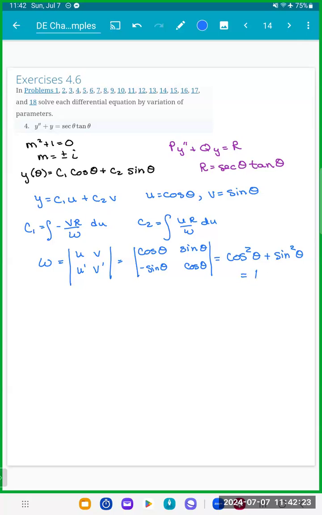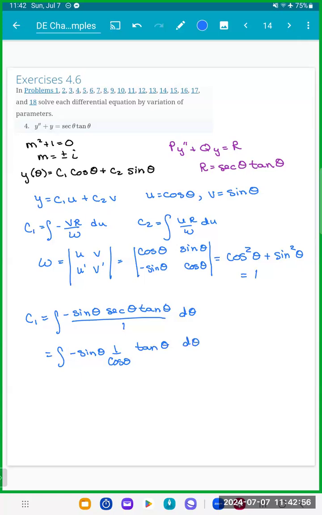Okay, we need to solve for our C1. We do the integral of negative sine theta secant theta tangent theta divided by 1 d theta. We could look at this as the integral of negative sine theta, our secant is 1 over the cosine of theta, and then we have tangent theta d theta.